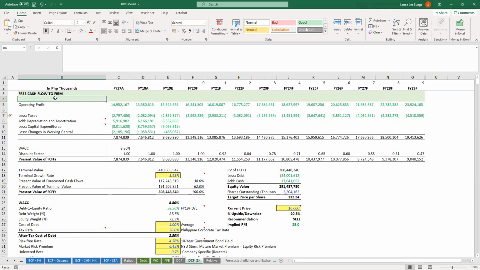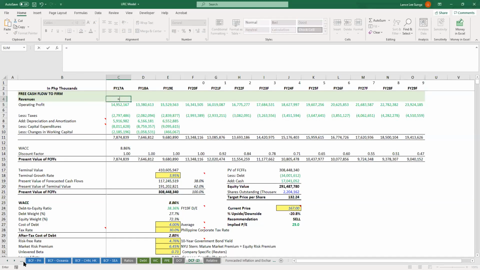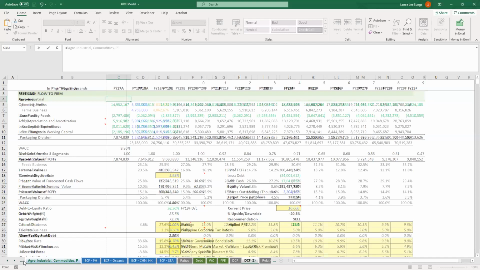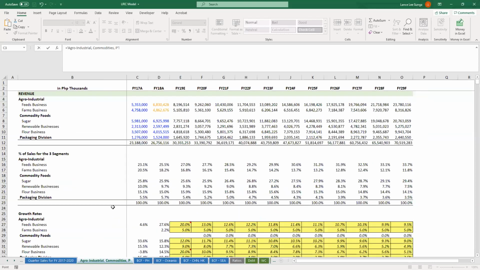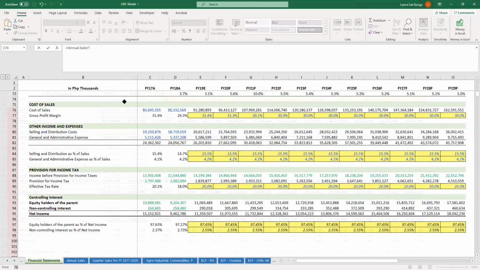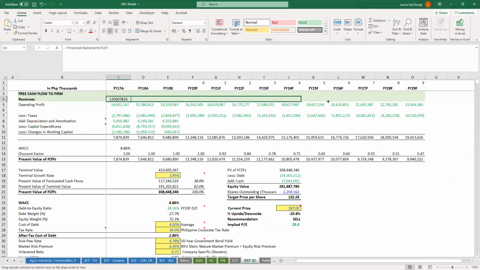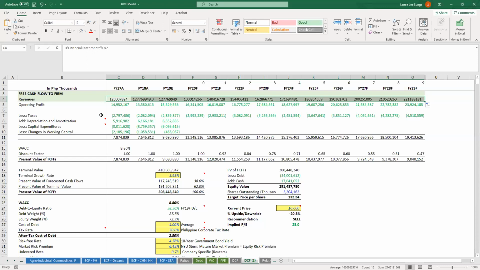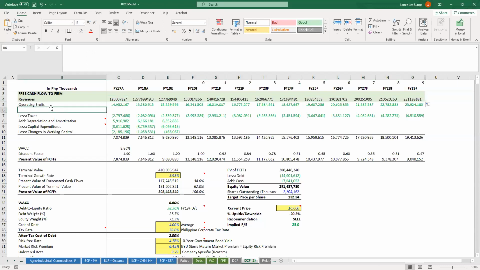Okay. So revenues. And then we won't bother with the gross profits, because we'll use gross operating margins.